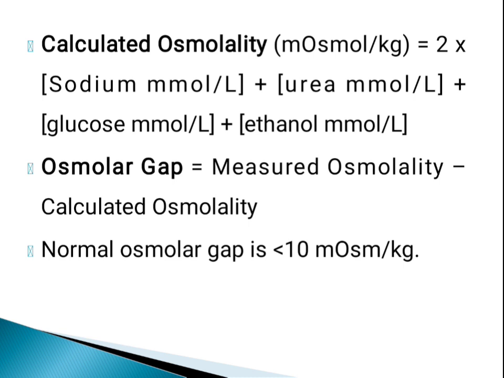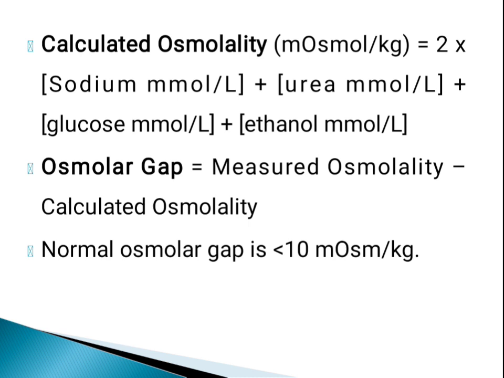So, osmolar gap equals measured osmolality, that means the patient's plasma osmolality, minus calculated osmolality, that means the previously given plasma osmolality of a healthy individual, and the normal osmolar gap is less than 10 milliosmol per kg. So, why should we know the osmolar gap?